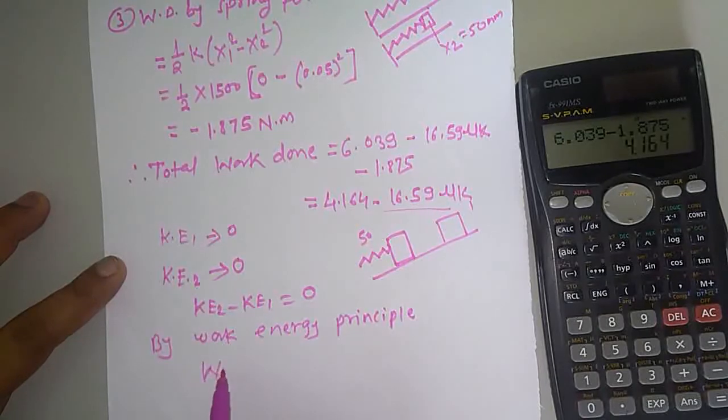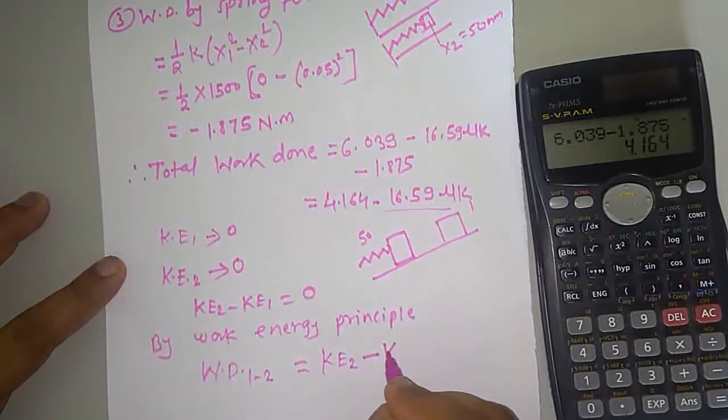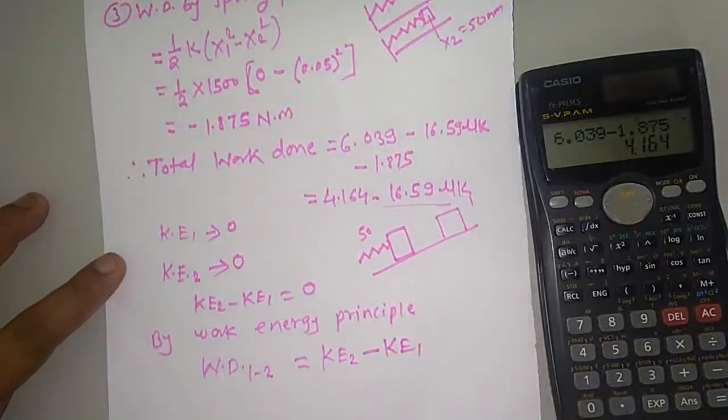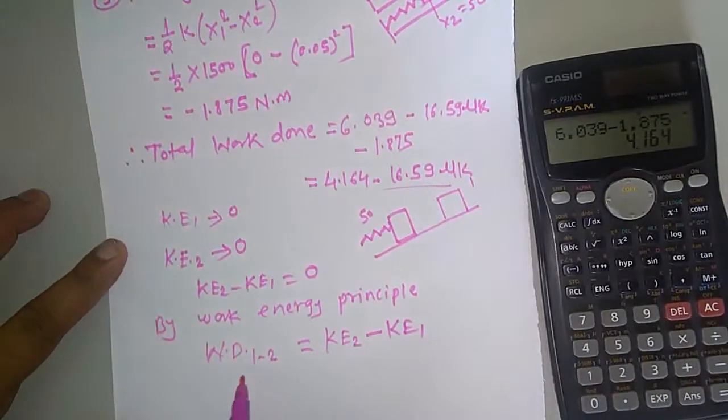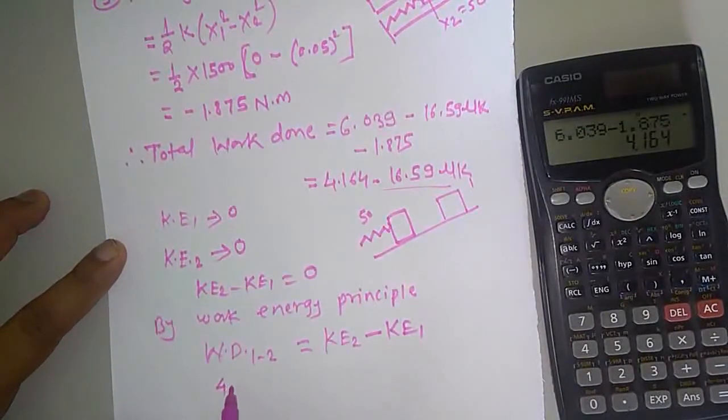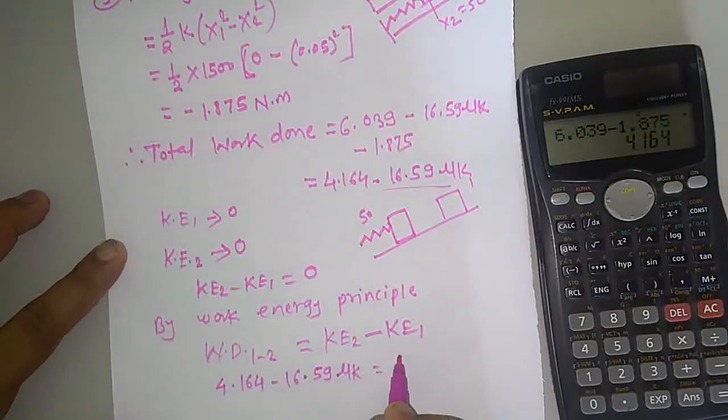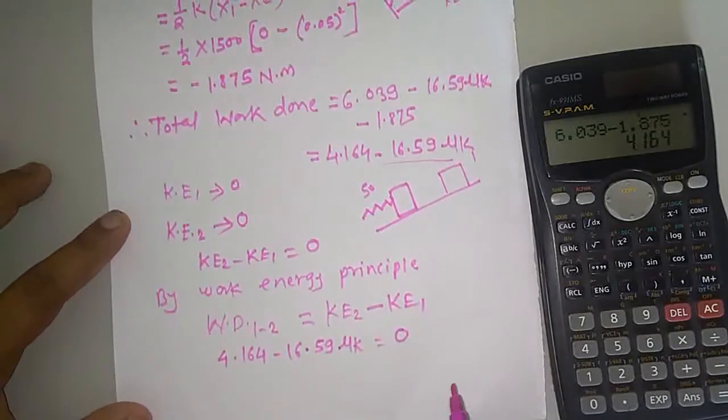total work done from 1 to 2 is equal to change in kinetic energy, Ke2 minus Ke1. So what is the work done here? We got 4.164 minus 16.59 mu k, and change in kinetic energy is here 0.